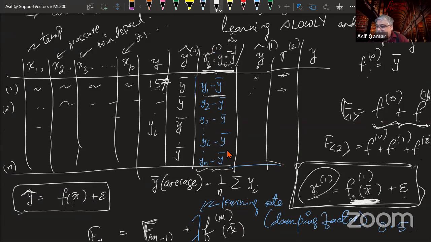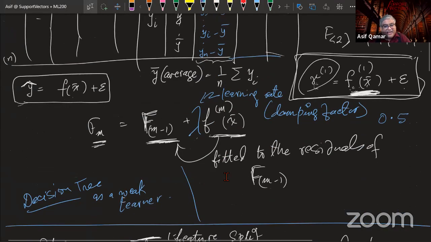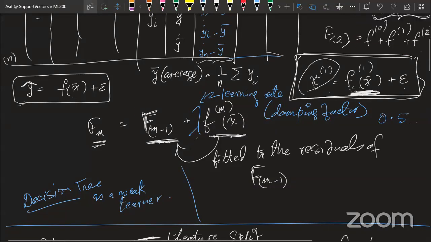Those errors you then fit to F2, and you keep on going up to a certain extent. You can choose m equal to 20 or 30 or 100. You can keep on going sequentially, building an ensemble with weak learners. Are we together, guys, so far? This is the basic idea that we are pursuing.